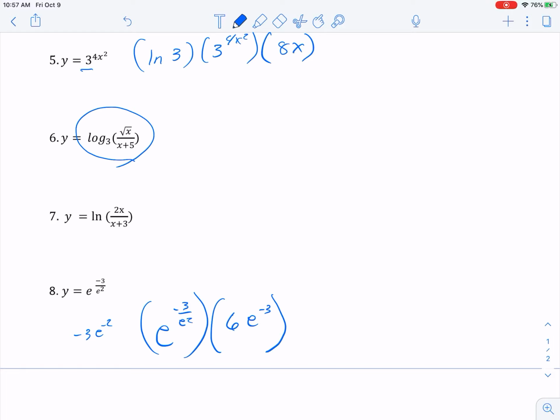Okay, what you want to do is use your properties of logs and change this to log base 3 of the square root of x minus the log base 3 of x plus 5.